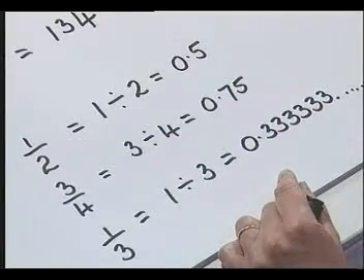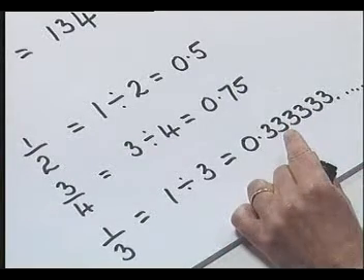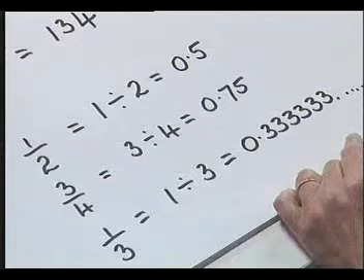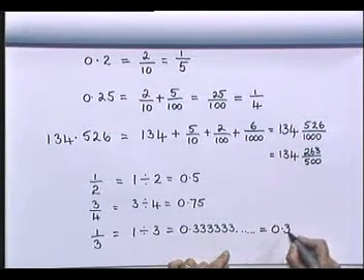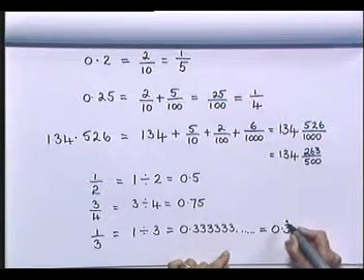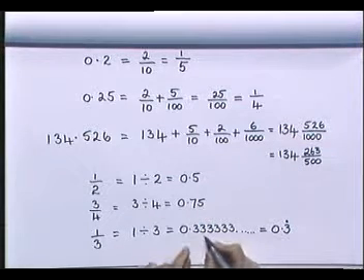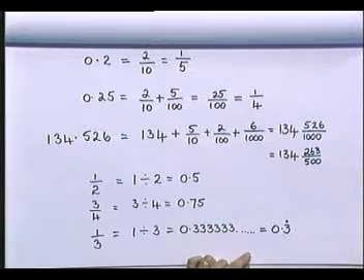And you need to write them either to a certain degree of accuracy, or we have a way of writing recurring decimals as 0.3, in this case, with a dot centrally over the 3. And that means 0.33333 with the 3 going on forever.